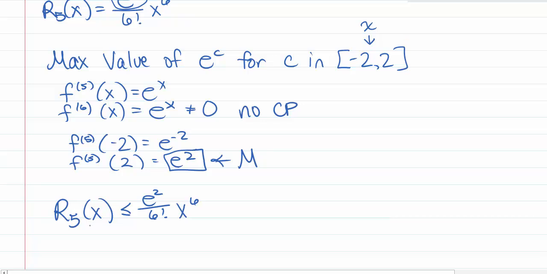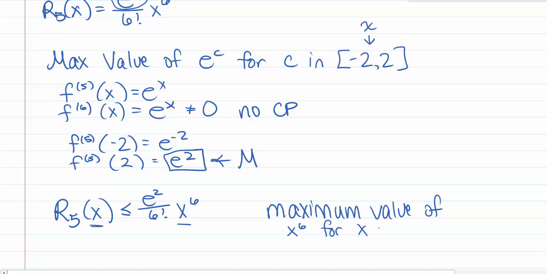But now we still have this x in our equation. So we want to find the maximum value of x to the 6th for x in negative 2 to 2. And since we know that we have an even polynomial x to the 6th, we know that its maximum value is going to occur at one of these endpoints, and it doesn't matter which one you plug in, you're still going to get the same value once you take an even power of it, since this interval goes from negative 2 to 2, negative the same number to that number.